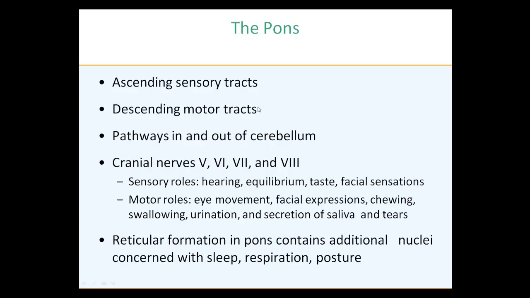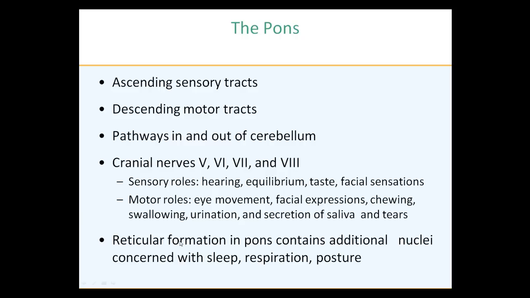The pons will have, again, like we agreed, ascending sensory tracts and descending motor tracts, things going to the brain, things coming down from the brain, and the pathways in and out from the cerebellum. As I told you, the pontocerebellar and cerebellopontine. And we have centers for cranial nerves 5, 6, 7, and 8.